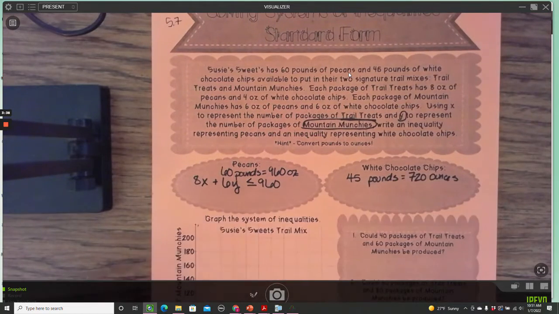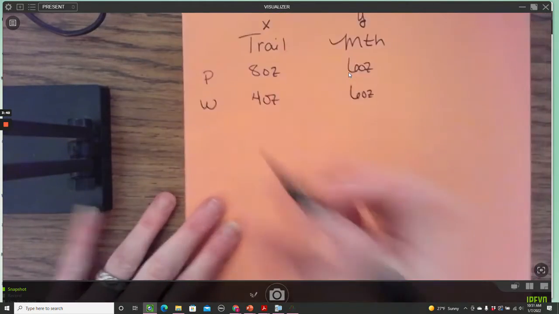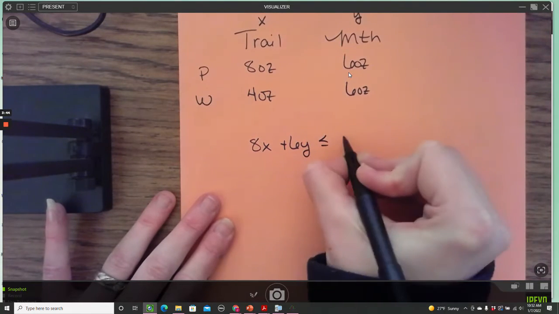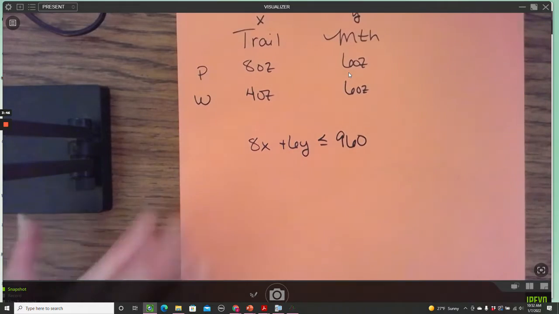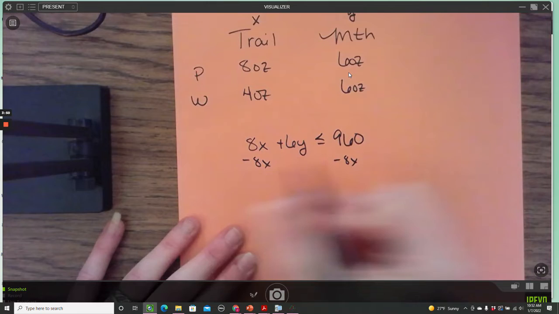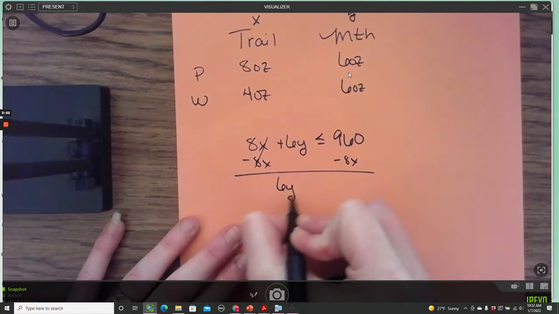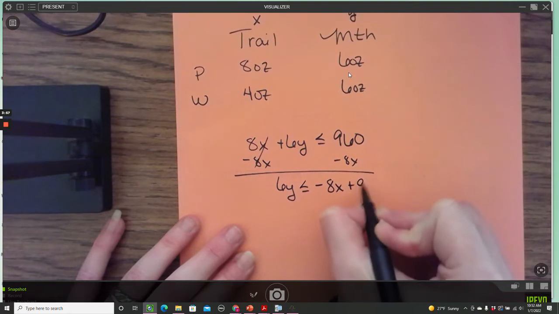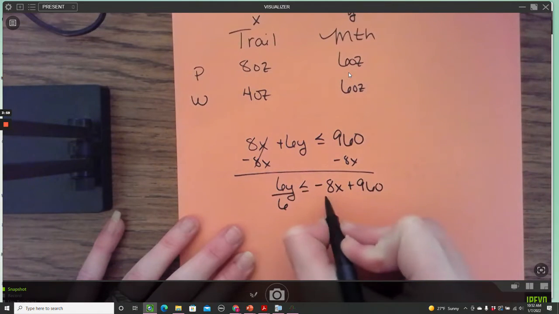So if you convert this, 8x plus 6y less than or equal to 960, to slope-intercept form so we can graph it, I have 6y less than or equal to negative 8x plus 960. Divide each side by 6.